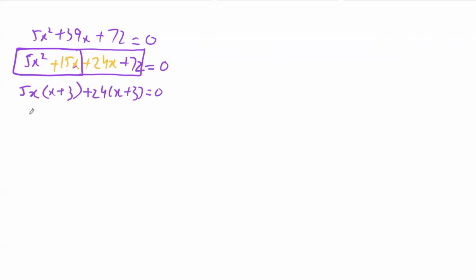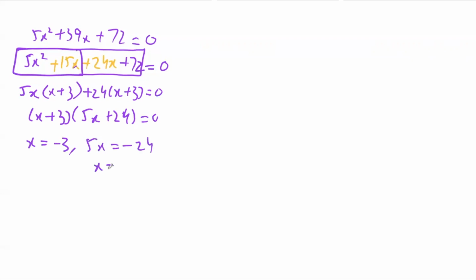So the two factors are going to be x plus 3 and 5x plus 24, and they're both equal to 0. Now, the first factor gives me x equals minus 3, and the second factor gives me 5x equals minus 24, or x equals minus 24 over 5.